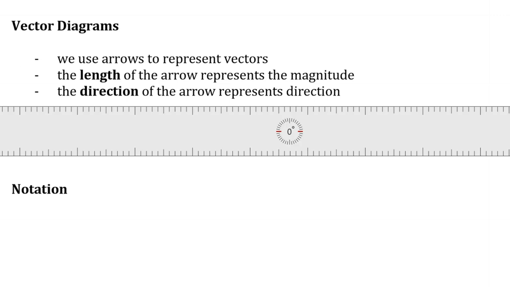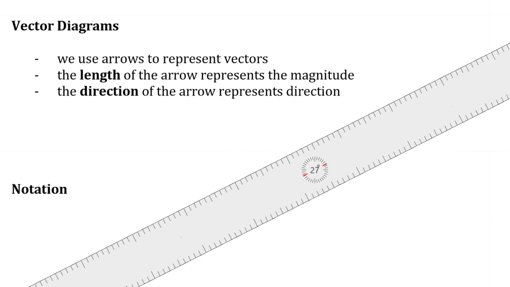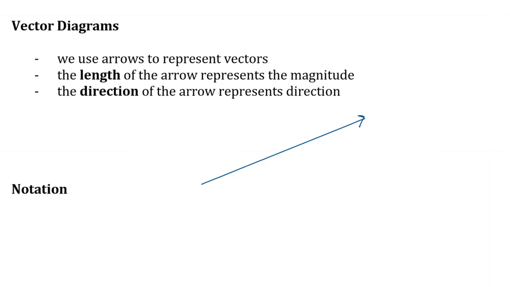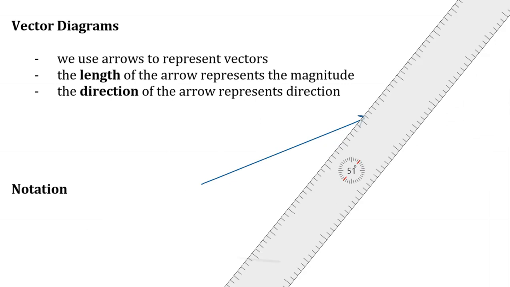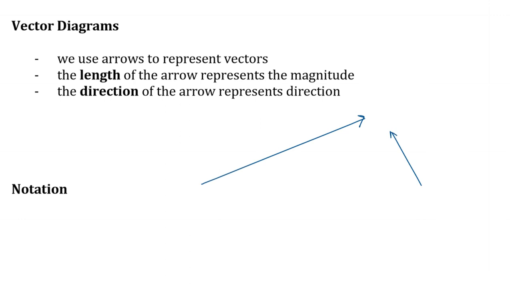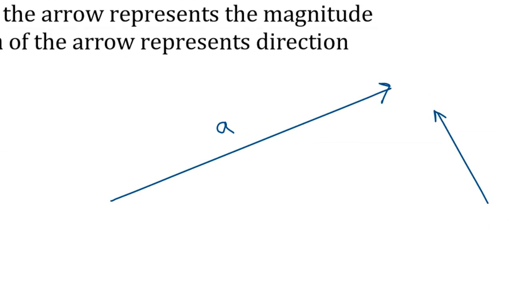Okay. So I'm going to draw a couple of arrows here, or a couple of vectors here. First one is going this direction. Okay. And another one maybe is going this direction. Now, we're going to write this down in a moment, but we can call these vectors A. When we're talking about vectors, we use a special notation which has an accent on top of it.